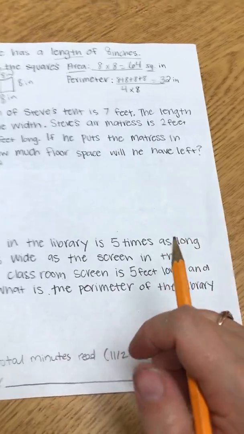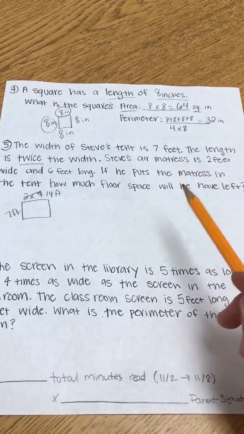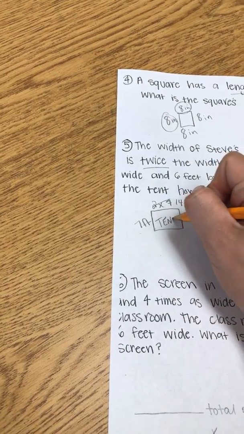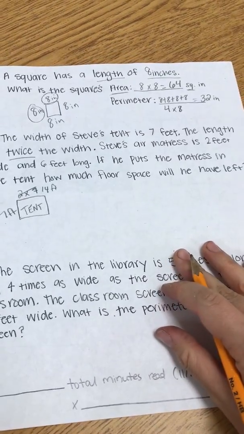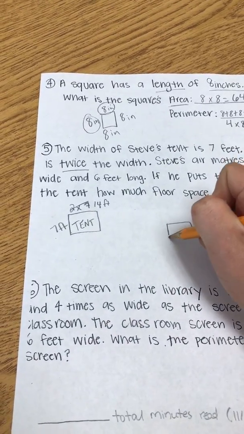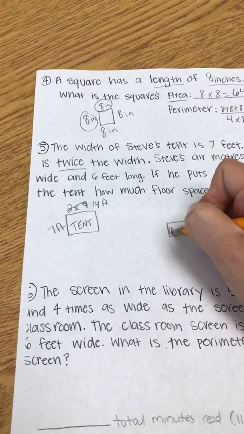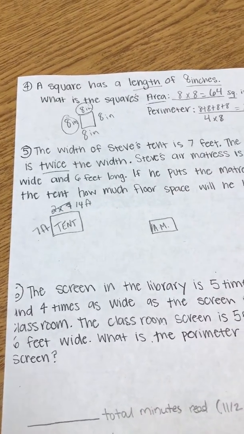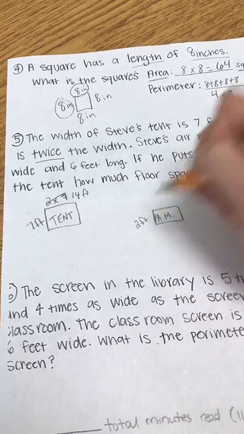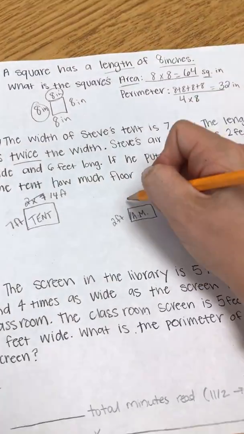Steve's air mattress is 2 feet wide and 6 feet long. So I'm just going to label this tent so I don't forget. And then he also has an air mattress. I'm going to put AM for air mattress. It is 2 feet wide and 6 feet long.